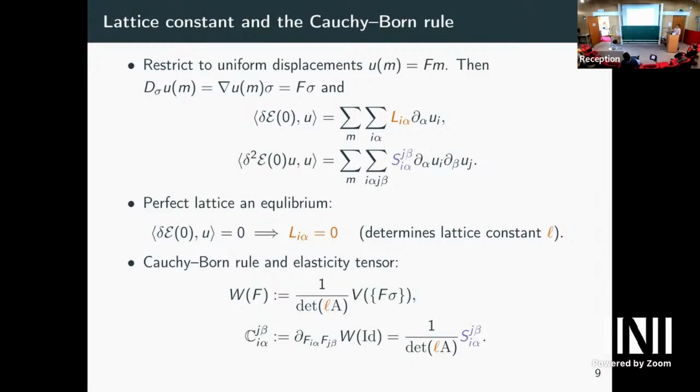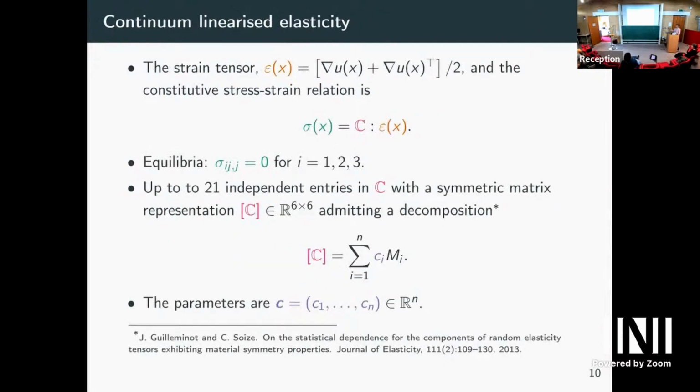And it's exactly this relation that lets us use the continuum elasticity theory, which I will outline here.